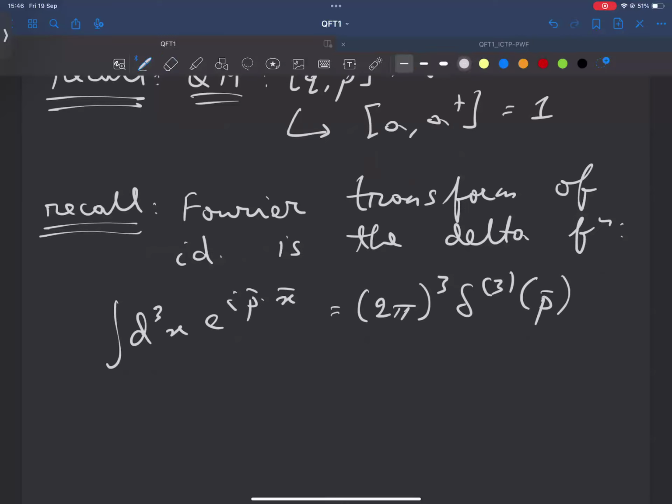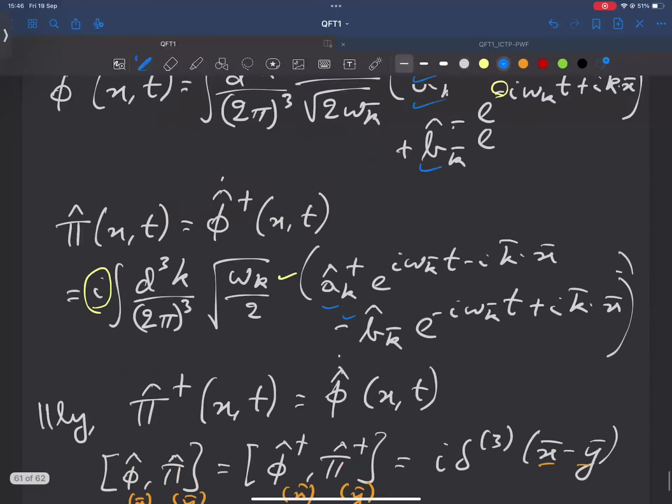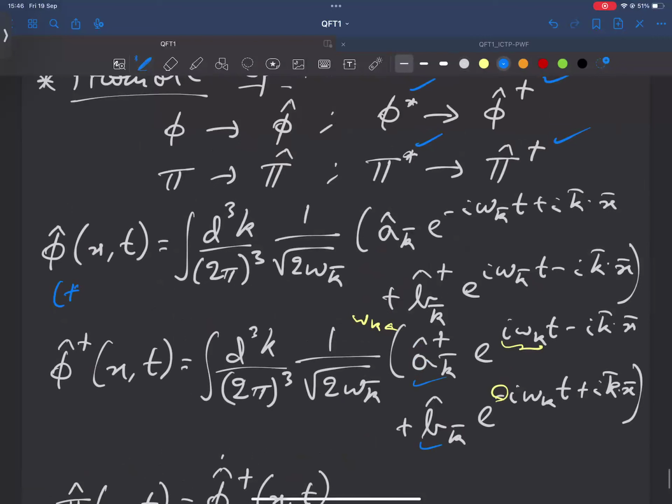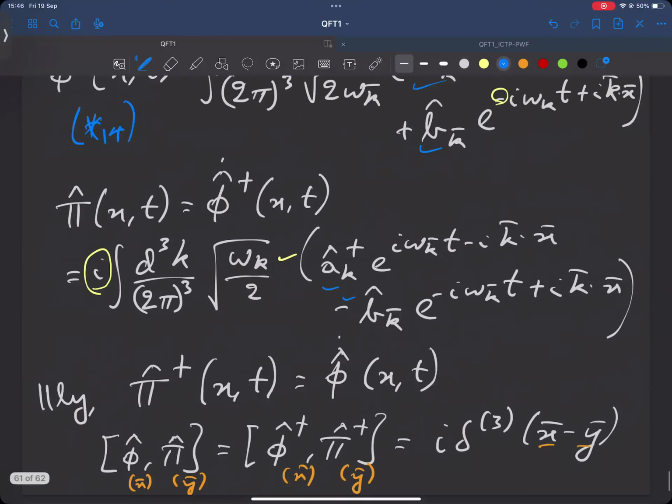Now we consider equations, this thing, let me call it star 13, this is star 14, star 15, and this is star 16.